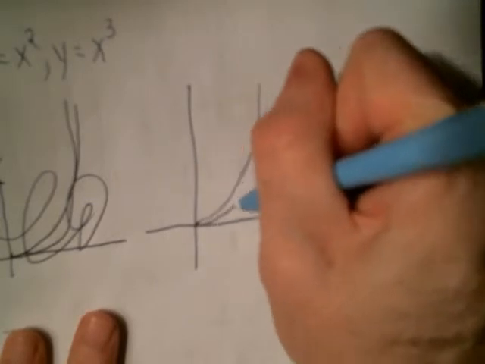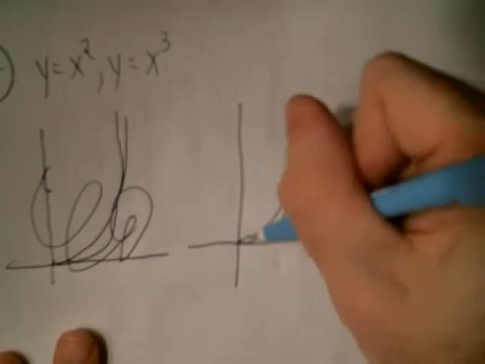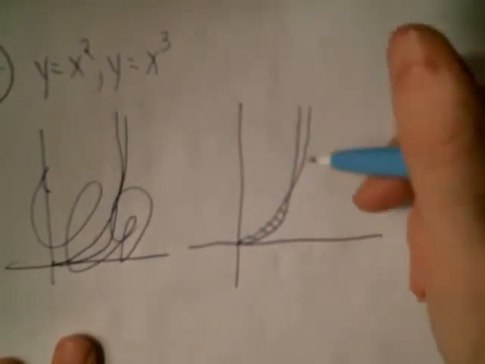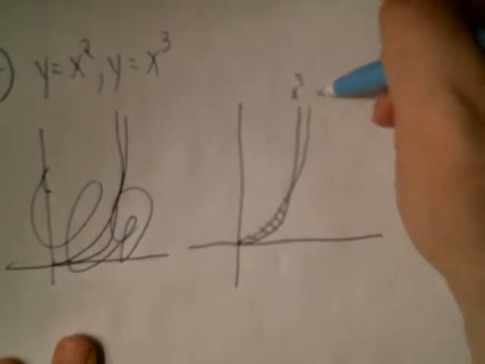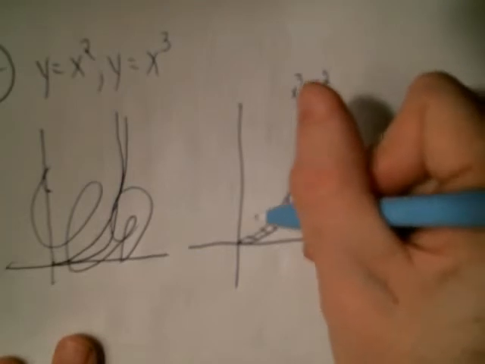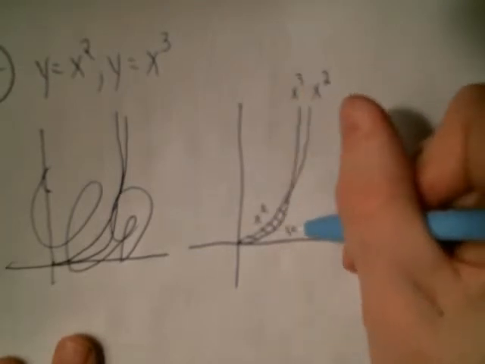Okay, so y equals x squared is kind of like this, and then x cubed will go below and then above, okay? So the region we're looking for the balance point of is that wedgy region right there. So x cubed is there, and then x squared is here. But in this region, x squared is on top, and then x cubed is on the bottom. So that's important for figuring out the mass and all that jazz.